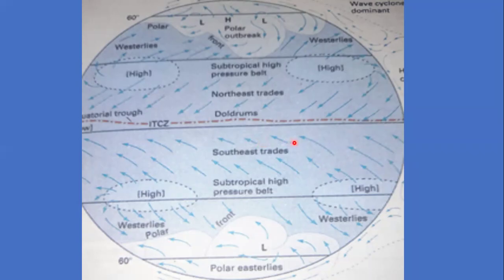Due to the friction caused by the winds, ocean currents flow according to the direction of the wind. So the current follows the direction of the prevailing winds.